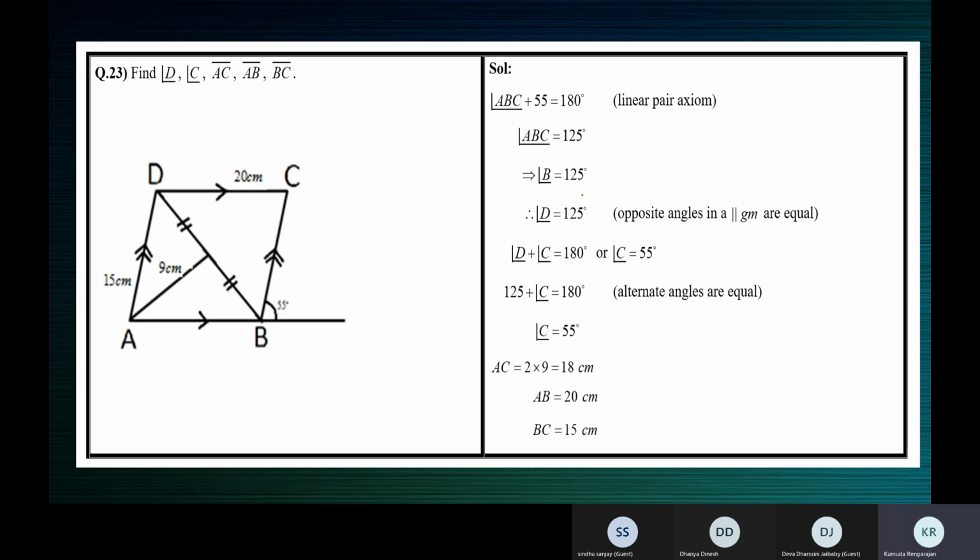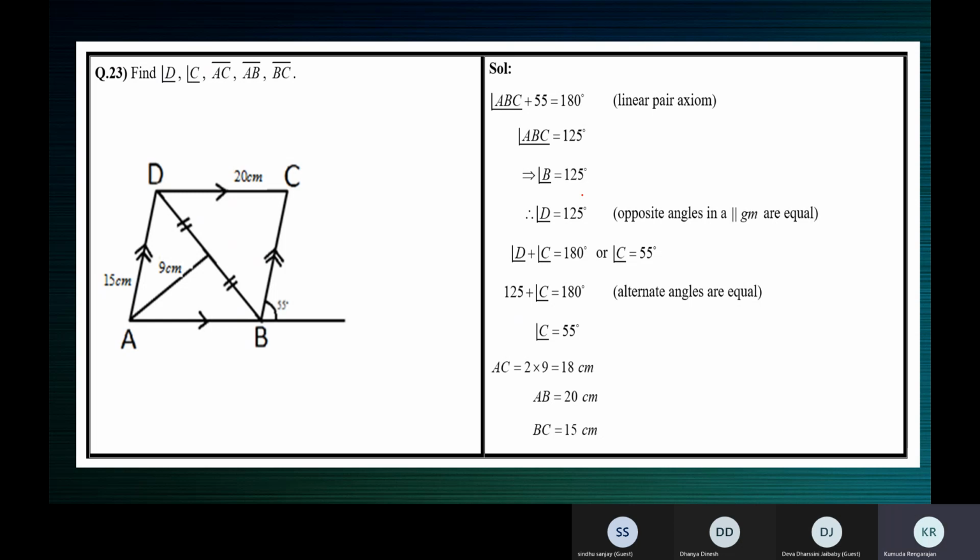So as I told you, children, with this we come to the end of this chapter, Understanding Quadrilaterals. I'll be scheduling an exam on this chapter, maybe by tomorrow evening, and it will be open till Sunday.